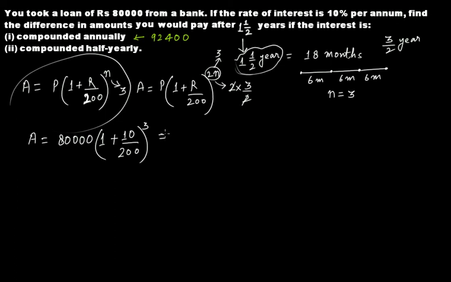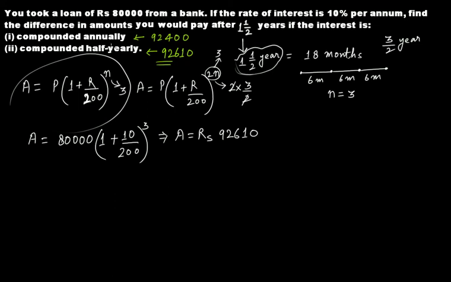So if you solve it, you'll get A as rupees 92,610. Clearly, in this case, the final amount at the end of 1.5 years is greater than this one.